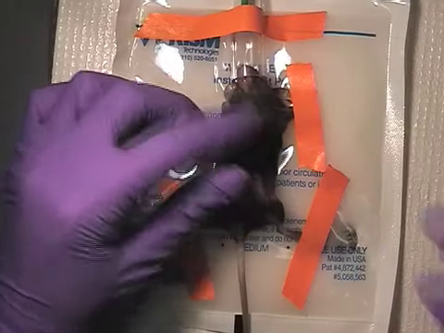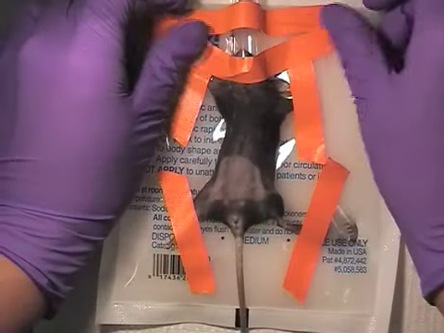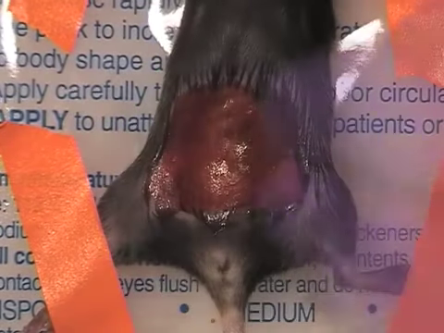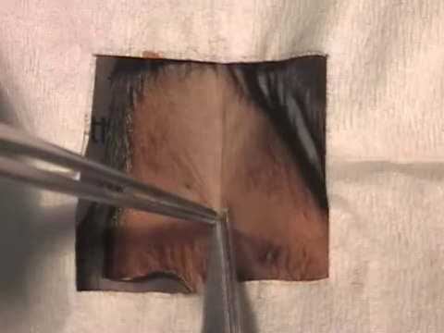The anesthetized mouse, which was previously shaved, is properly positioned. The abdomen is prepped 3 times with betadine solution. And then the abdomen and the surgical site is draped in a sterile fashion. A small nick is made in the skin.